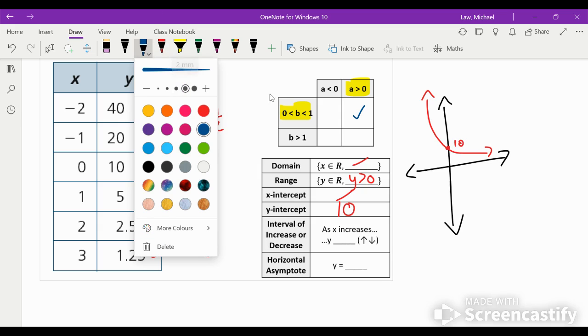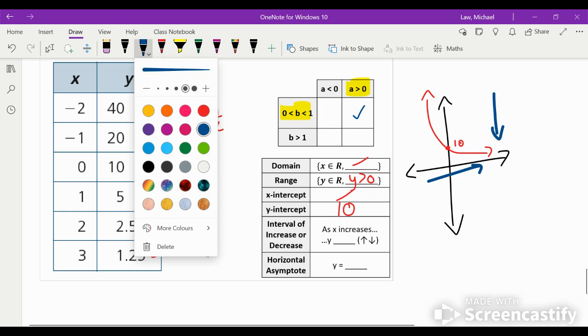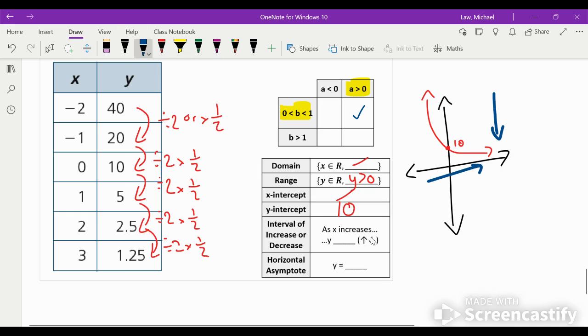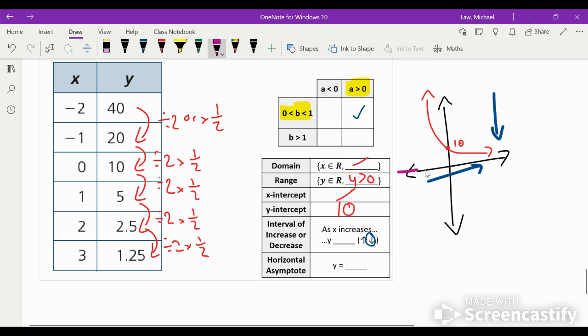We know that as the x value increases, the y value decreases. So that means it is decreasing. And there is a horizontal asymptote right over here, which means our function approaches it, never touches it, and never crosses it.